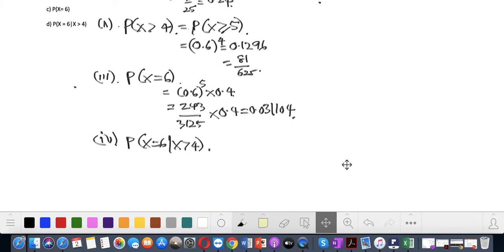So to do this, what do you have to do? We can use the conditional probability formula first of all. Let's find out what this means.